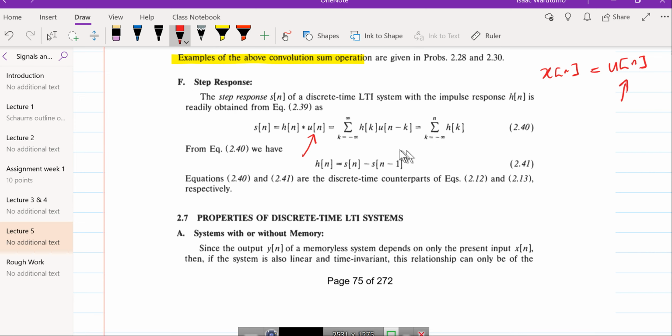So if you replace x of n in the convolution sum with u of n, this tells you something that we also realized with continuous time systems. If you remember, the convolution integral ran from minus infinity to t for h of tau and x of t minus tau. Let me confirm this.